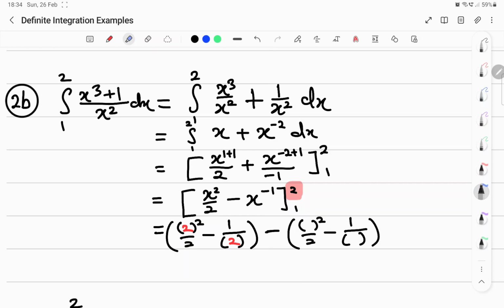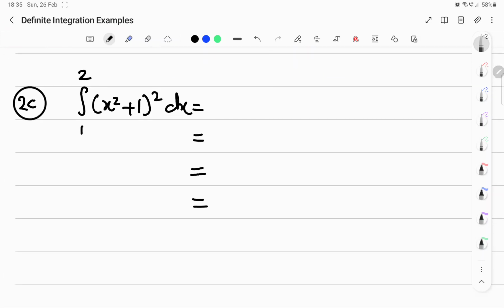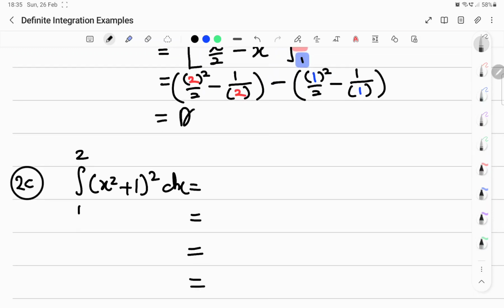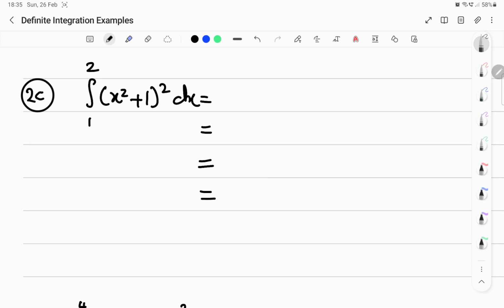And then the lower limit is 1, so I'm going to substitute it by 1. The value I leave it to you to do with your calculator. Okay, let's go to the next one. So DIY, use your calculator.